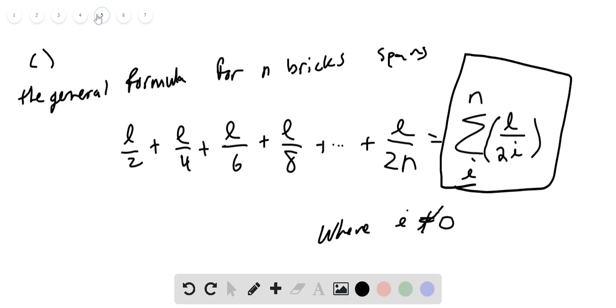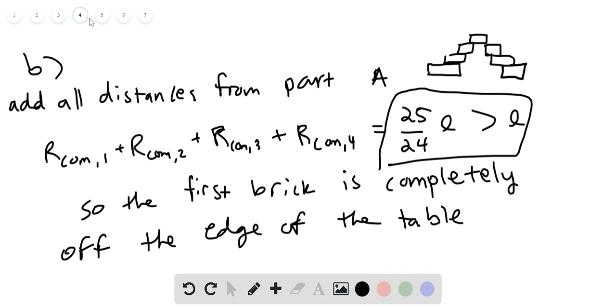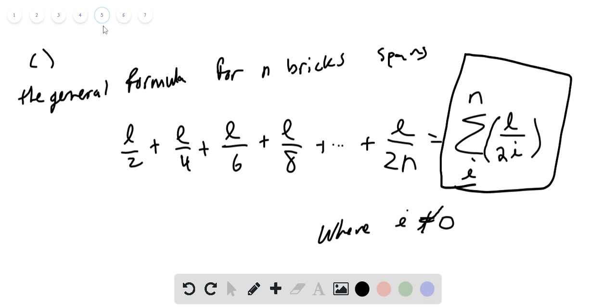Okay, part C, the general formula. As we had just used here, our terms from 1 to 4, we're basically just going to add these, and then if you notice a pattern, it turns out that at the bottom there's always a 2 multiplied by some kind of incrementing factor.